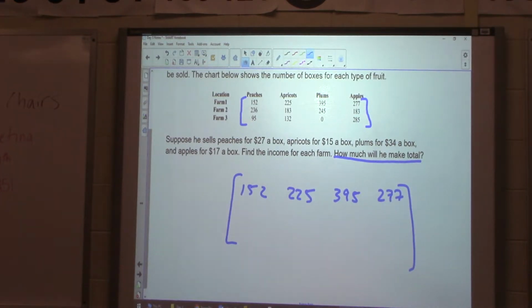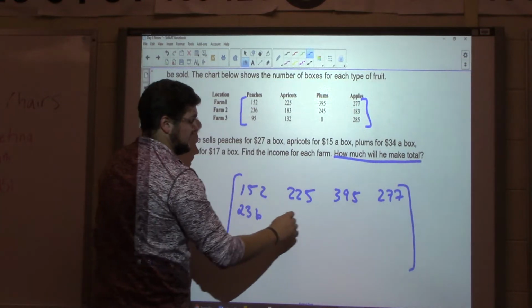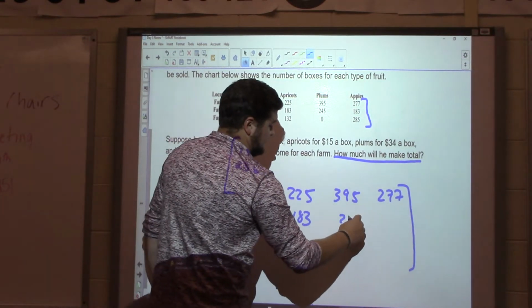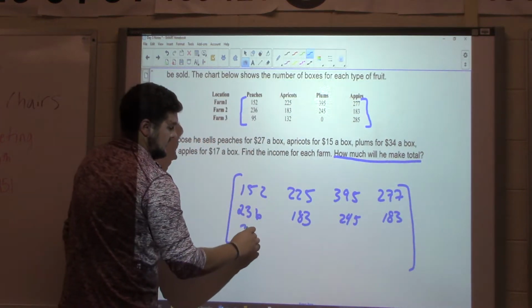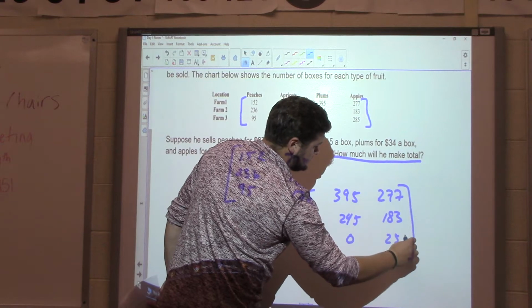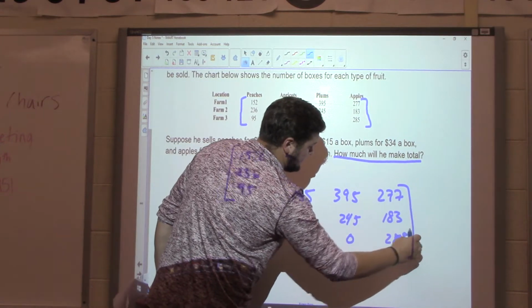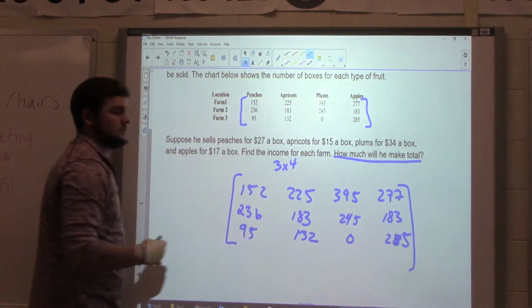Like those other problems where they were given the 2 matrices you're multiplying, you don't need to write those again. But like these ones, show me what you're multiplying together, please. 236, 183, 245, 183. 95, 132, 0, 285.